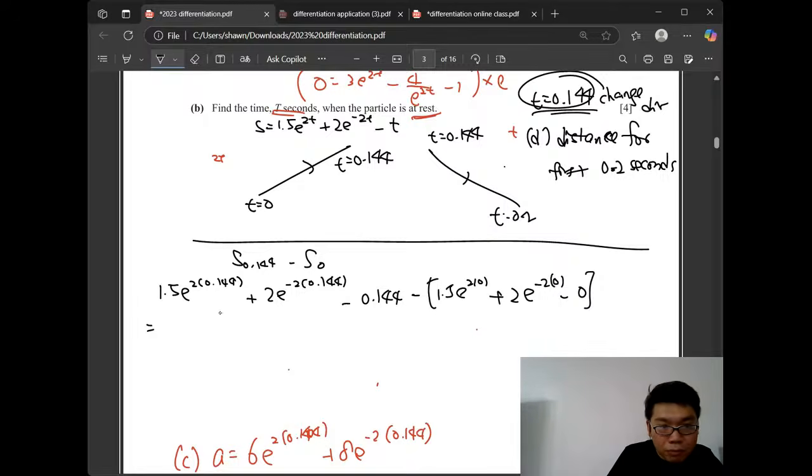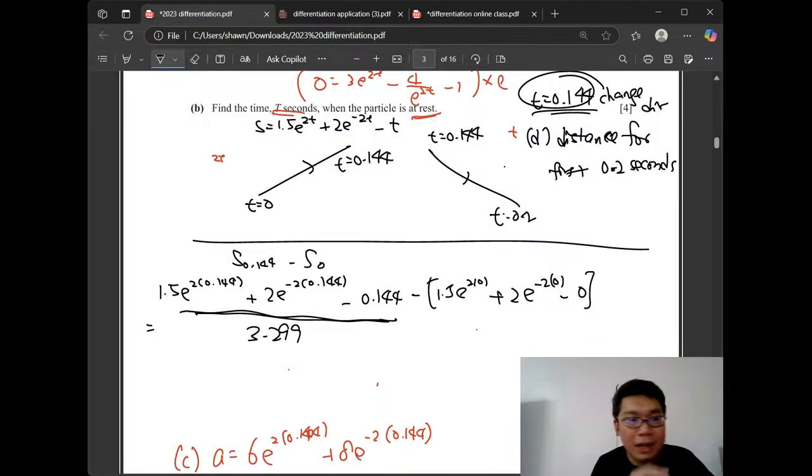Okay, I will write down the answer for this part first, because later we still need to use this value, which is 3.299. Everyone get 3.299? Guys, also try to key in, because only if you are familiar with keying in now can you key it in confidently and effectively in your exam.